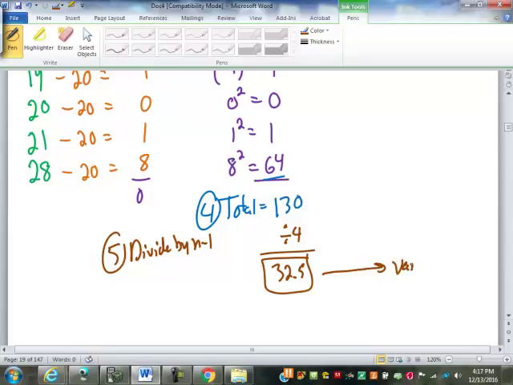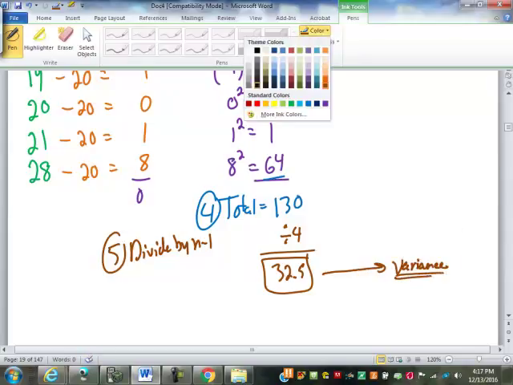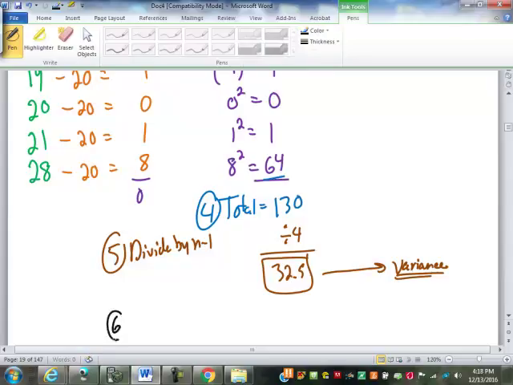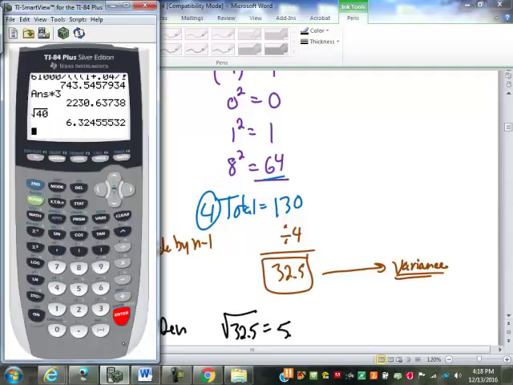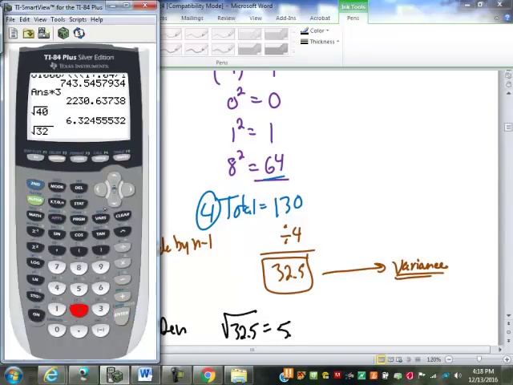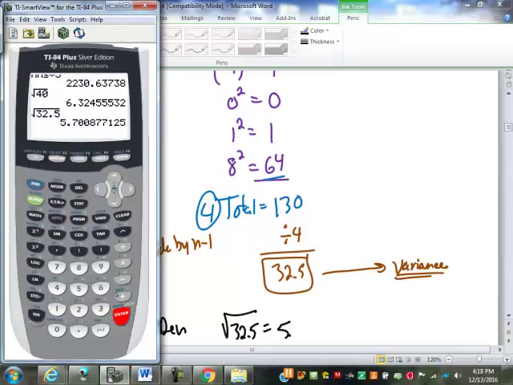That is the variance. How do we get from that to the standard deviation? Square root. Square root of 32.5 is 5.70.